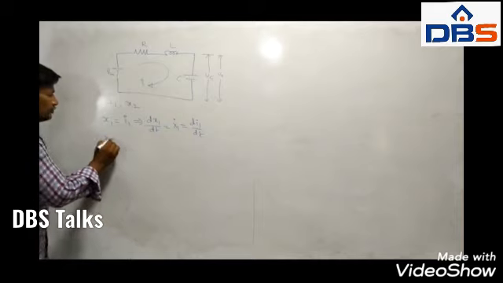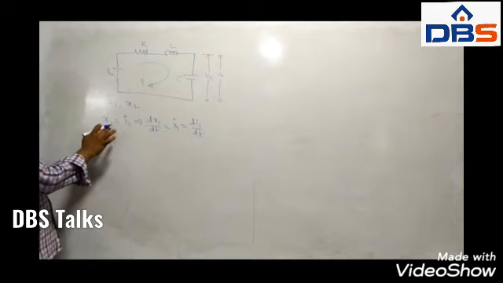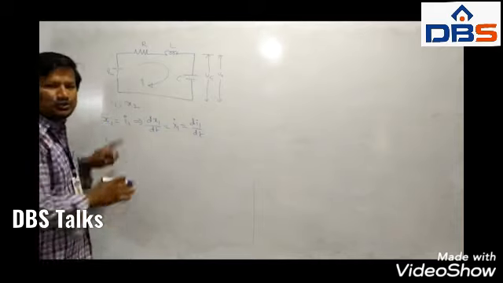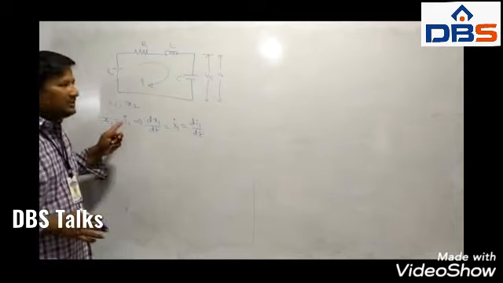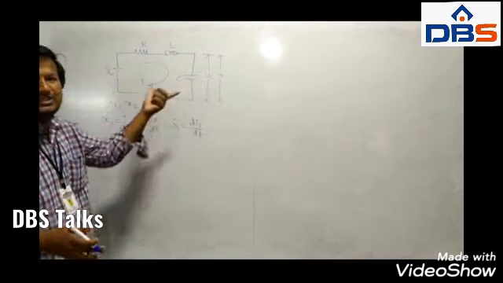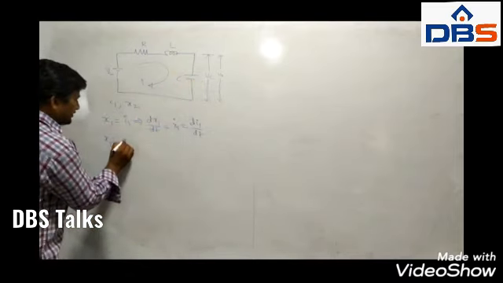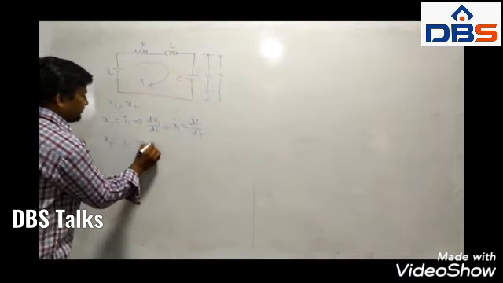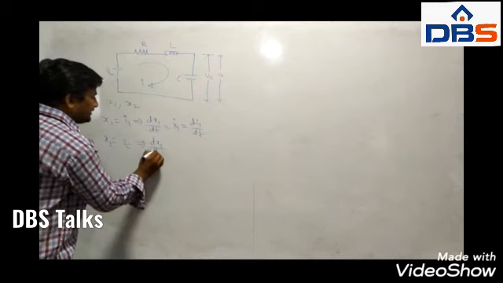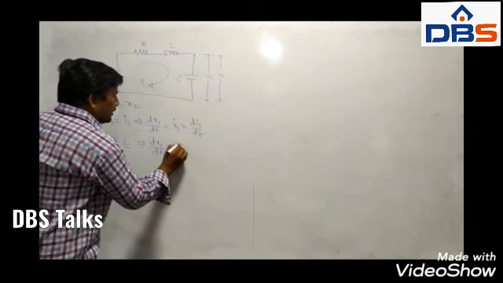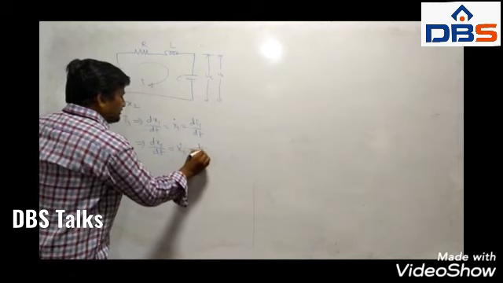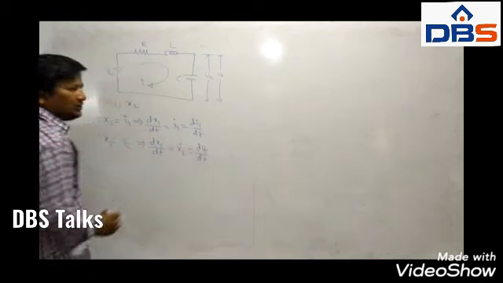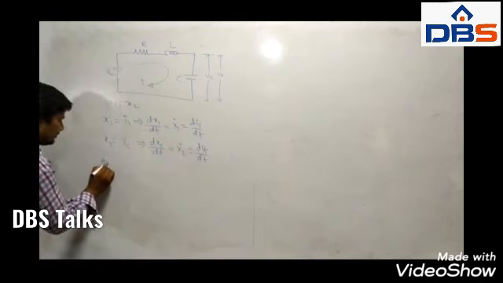The first state variable is the current through the inductor. The second state variable is the voltage across the capacitor, Vc. So x2 equals Vc, that implies x2 dot equals dVc by dt.